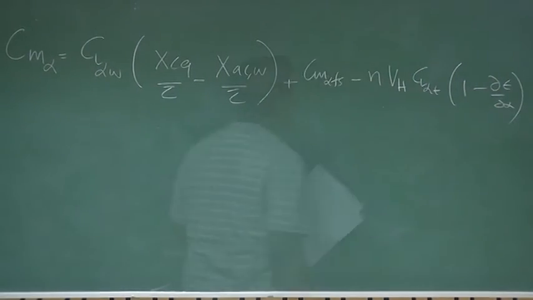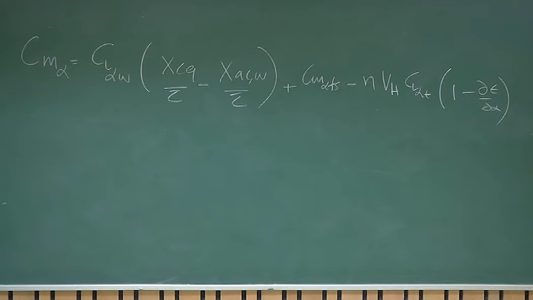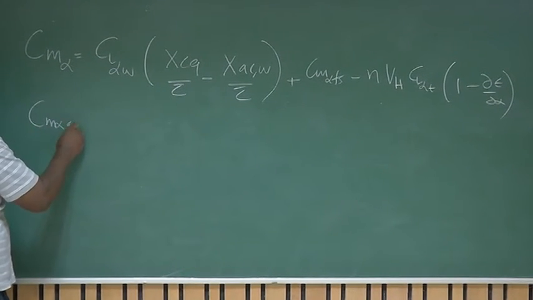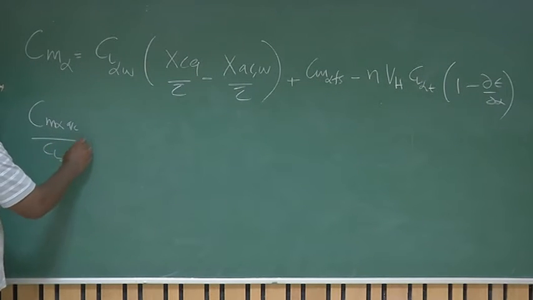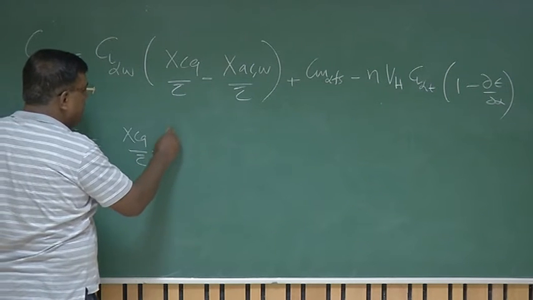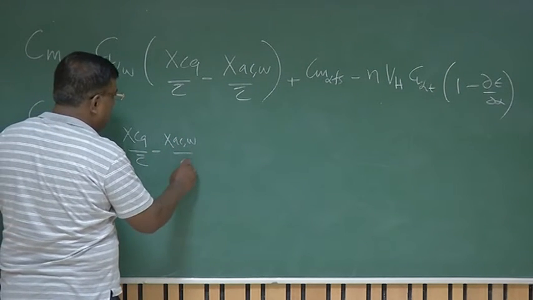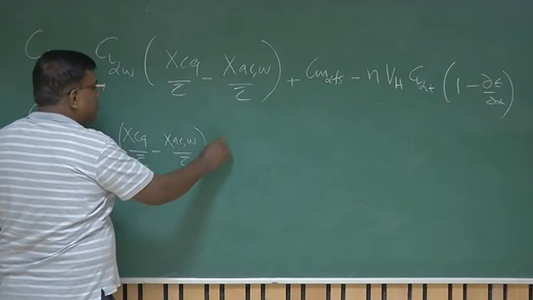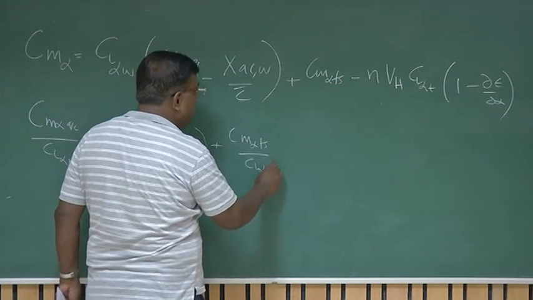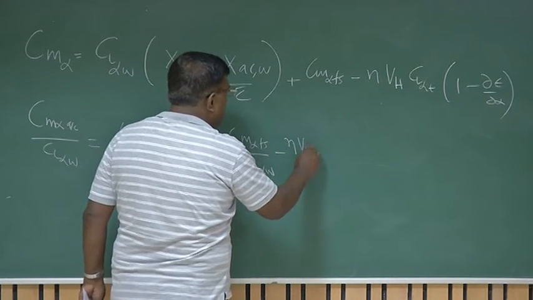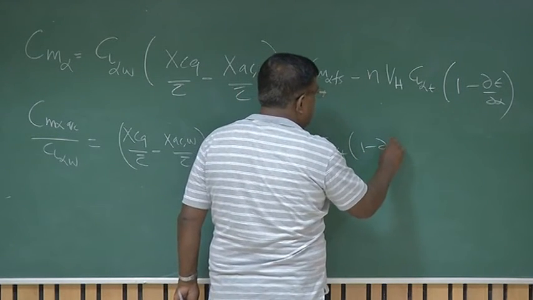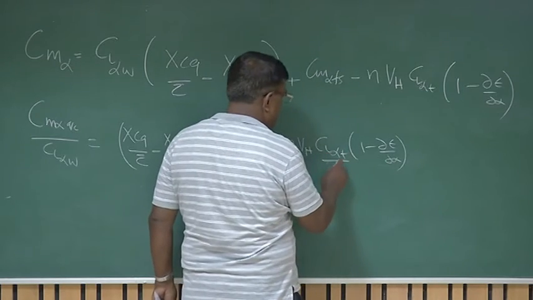Okay, I divide left hand side and right hand side by CL alpha wing. So what we'll have? I have Cm alpha of the whole aircraft by CL alpha wing, equal to xCG by C bar minus xAC wing by C bar plus Cm alpha fuselage by CL alpha wing minus eta VH CL alpha tail into 1 minus d epsilon by d alpha divided by CL alpha wing.